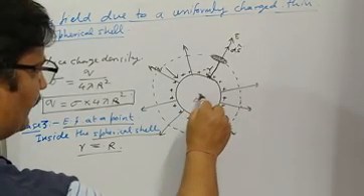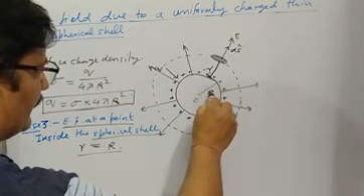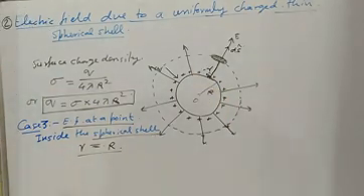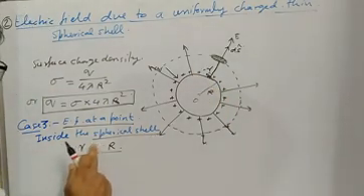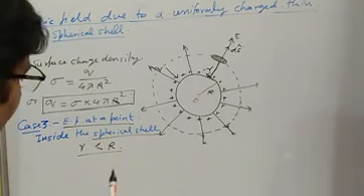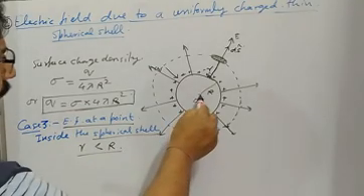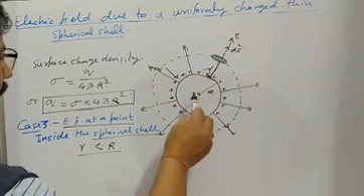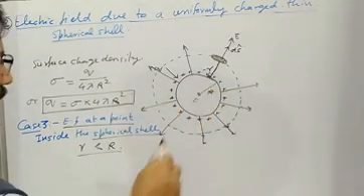This is the center of the spherical shell and the radius of the spherical shell is capital R. And now small r is less than capital R. It means the point where electric field is to be determined is inside the shell.